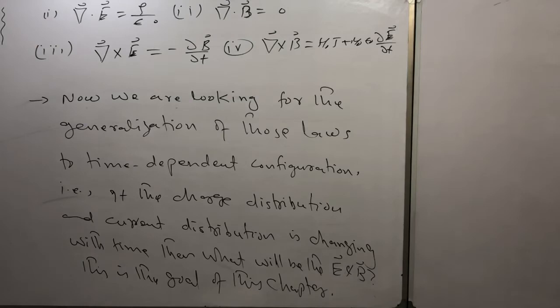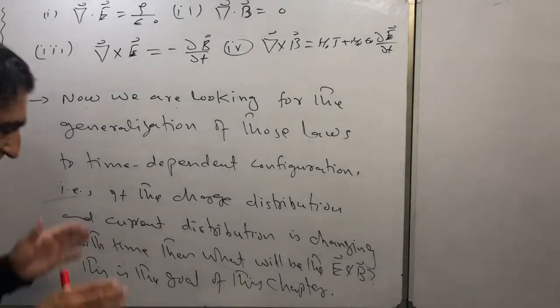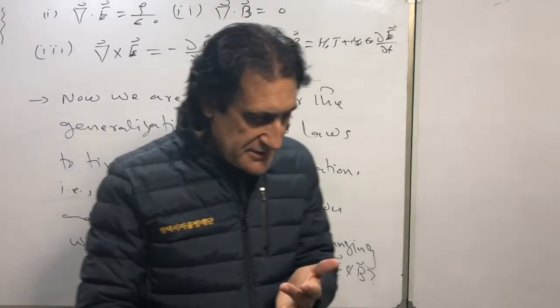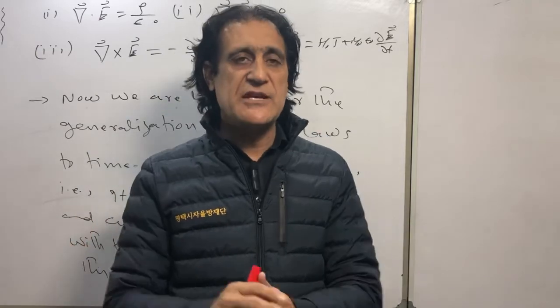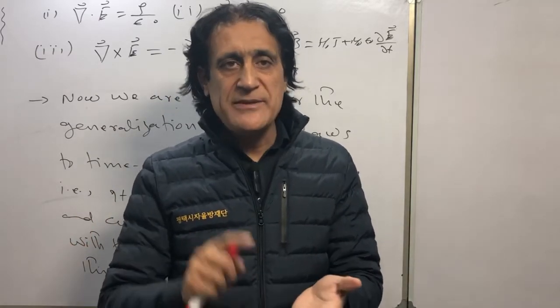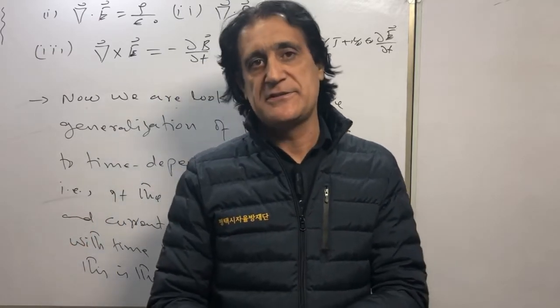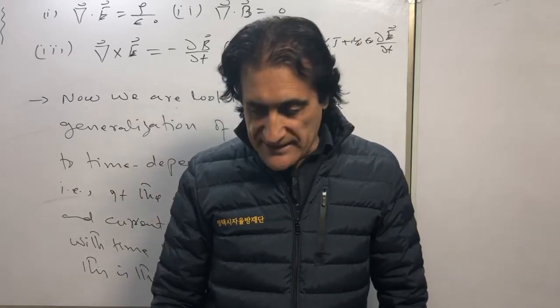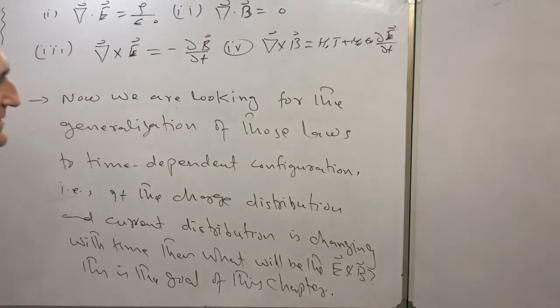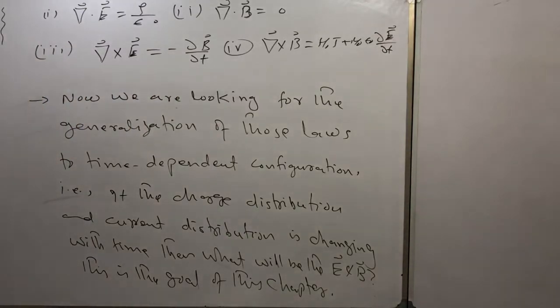This is the important thing, that when the charge distribution and the current are changing with time, then what will be the electric and magnetic field? So this is the goal of this chapter, to find out these electric and magnetic fields with time.